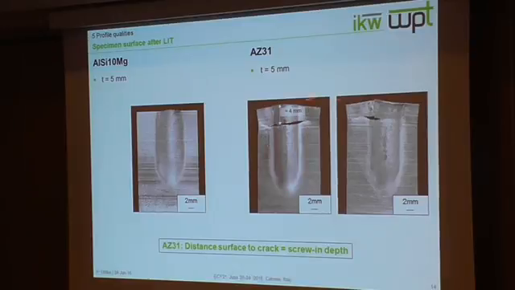And the threaded rod here was movable after the test, and on this side it was not movable, so there was some kind of shear of the material, and this is what we also investigated for the tensile test. So if you push out the threaded rod, then you have something like spherical shapes at the threaded rod.